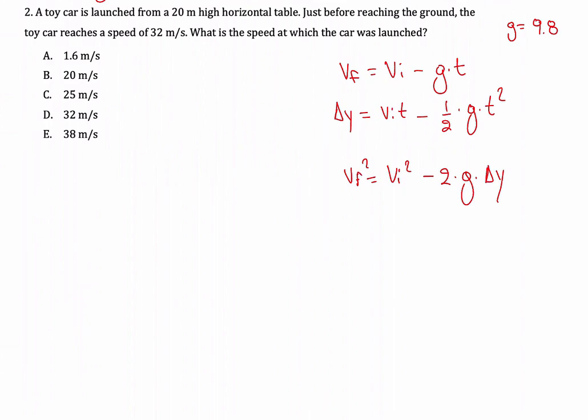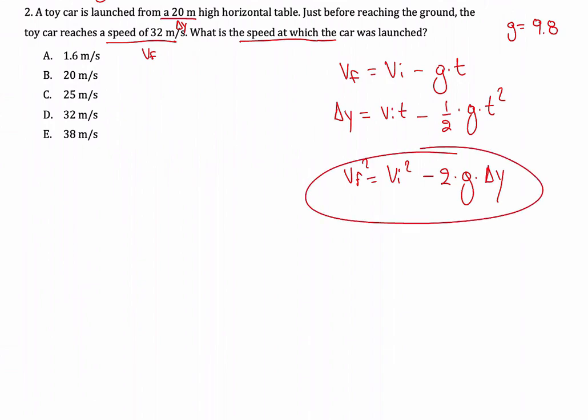Now, since the given is the final speed and the change of position delta y, and we need to find the initial speed, most likely we're going to work with rule number 3. So v final squared is 32 squared, minus 2. For simplification, instead of 9.8, I will use 10 in my calculations, multiplied by the height, 20.